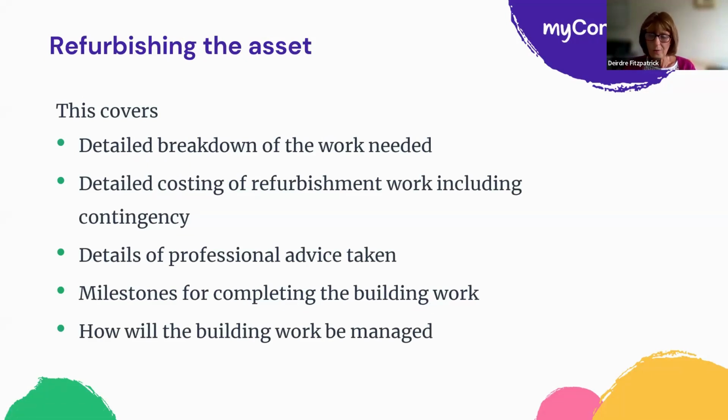They want to know that the applicant understands the condition of the building, what's needed to make it fit for purpose, and that the funding is going to be enough to complete the work. There's no point in them saying, right, we'll give you this amount of money if it's not going to be enough. Now, they don't have to be your only funder. So if there are other sources of funding, identify who those are likely to be, even if it's not actually agreed.